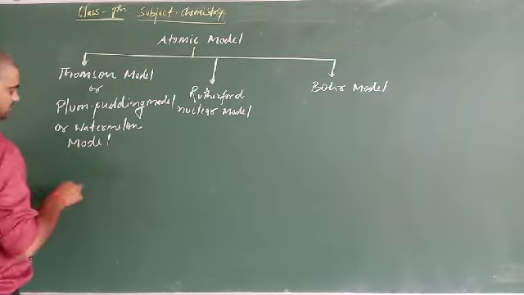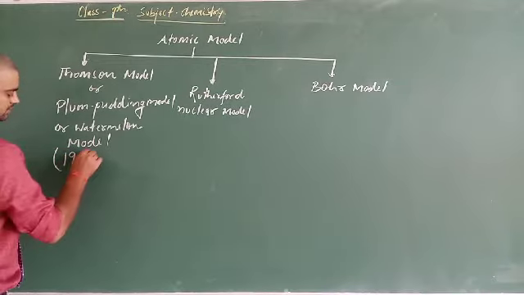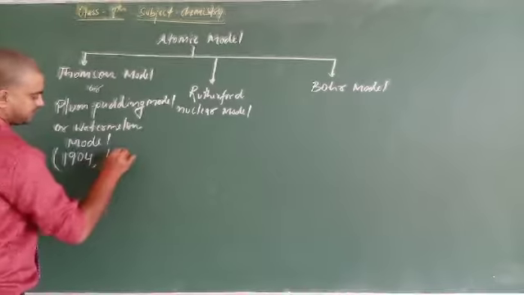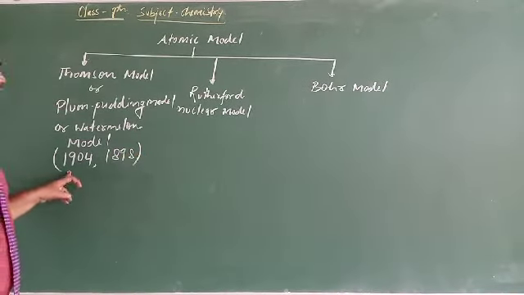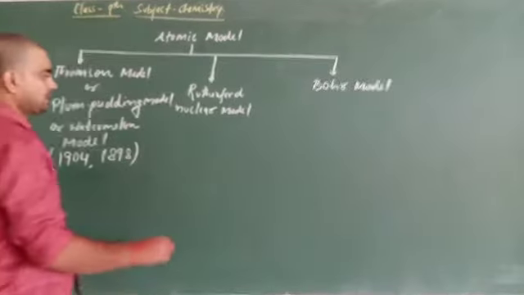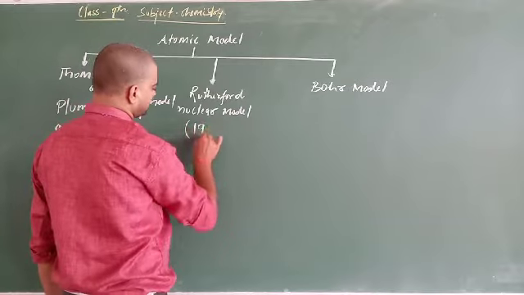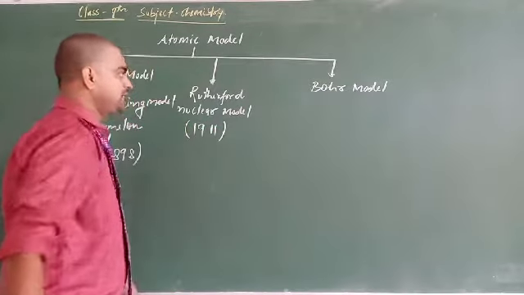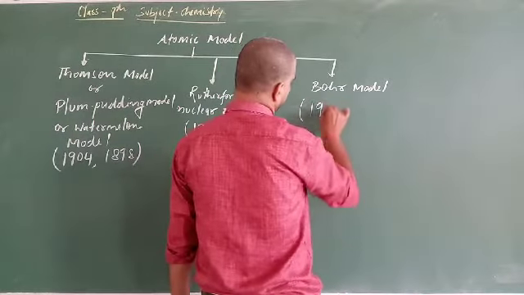This model was given by Thomson in 1904, but in some books it is also given as 1898. Clear? But 1904 is the right answer. The Rutherford nuclear model was proposed by Ernest Rutherford in the year 1911, and the Bohr model was proposed by Niels Bohr in 1930.